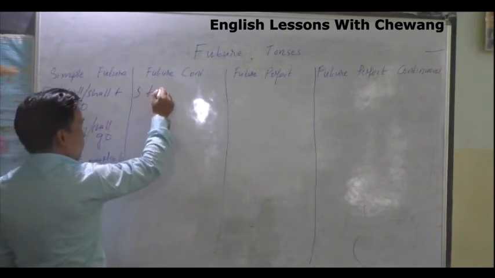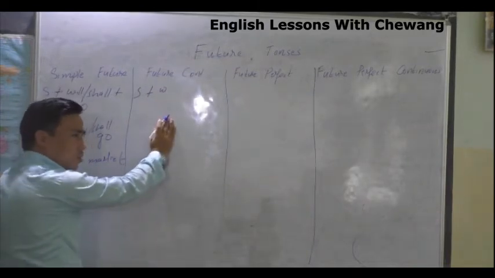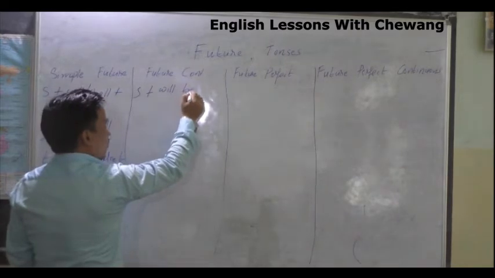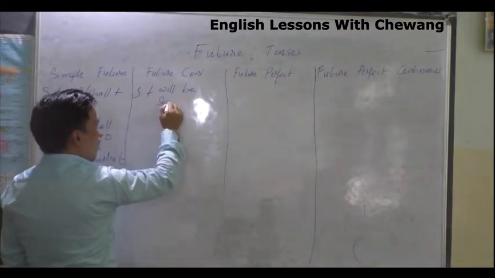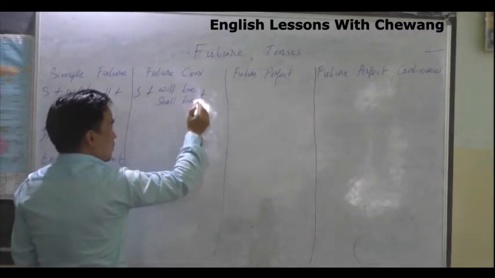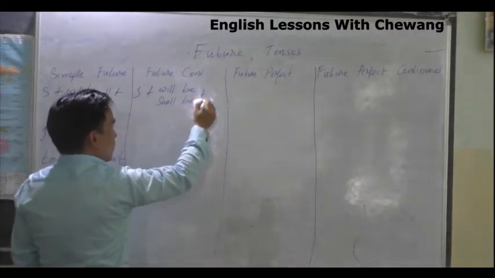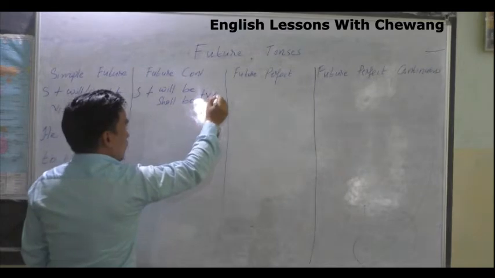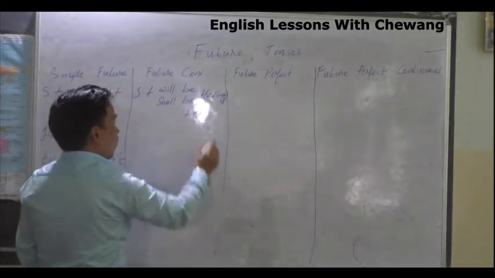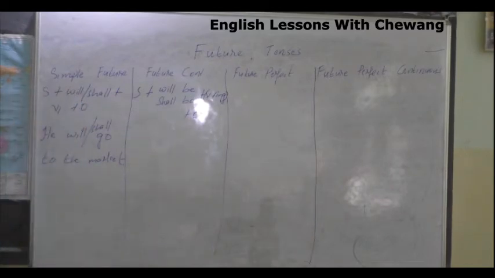Subject plus will be, shall be, plus verb in ing plus object. Okay. This is the form, the simple form.